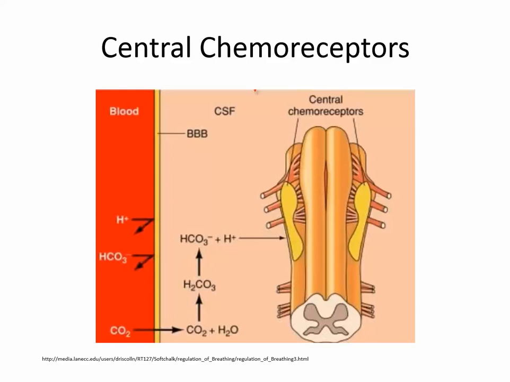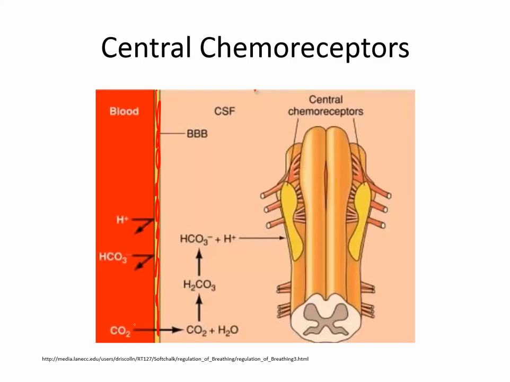The central chemoreceptors respond to changes in CSF pH. The blood-brain barrier is generally impermeable to both hydrogen ion and bicarbonate, but it is permeable to carbon dioxide.